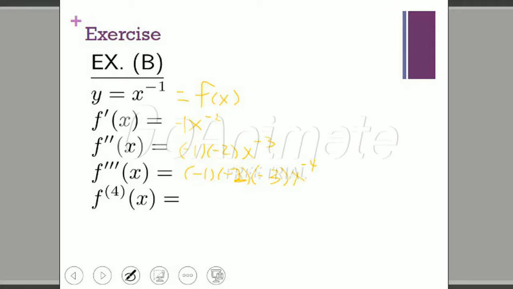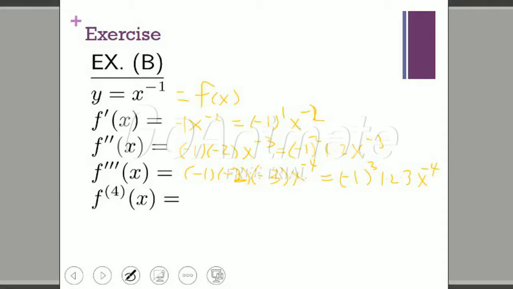In fact, here there's minus 1 to the power 1, x to the power minus 2. Here it's going to be minus 1 squared times 1 times 2, x to the power minus 3. And here there's minus 1 to the power of 3, 1 times 2 times 3, x to the power minus 4.